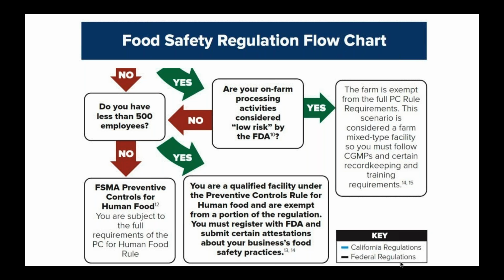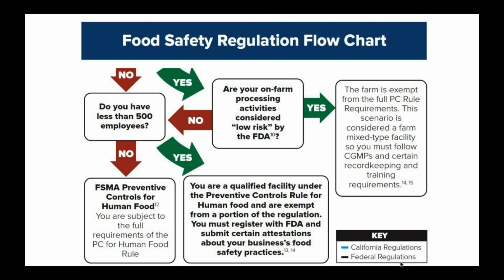I know that sounds like a lot. But just to give you a general sense of what you would still have to be compliant with, there are what are called good manufacturing practices for all food processing facilities, which outline requirements for employee health and hygiene, requiring your employees to wash their hands and not come to work when they're sick.